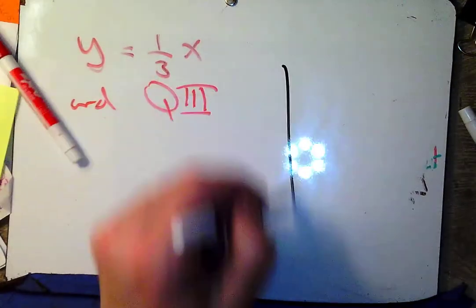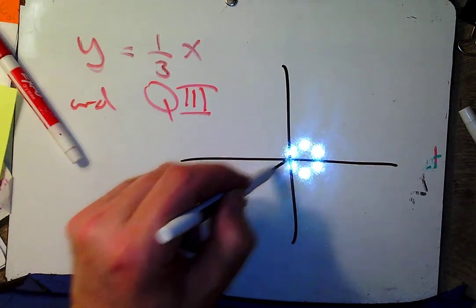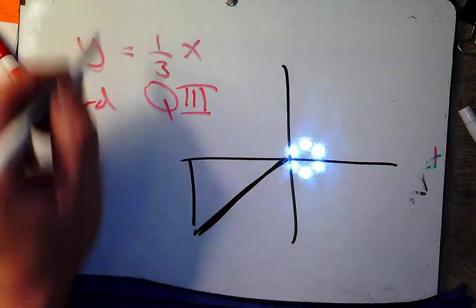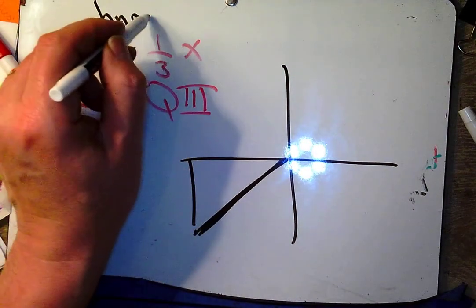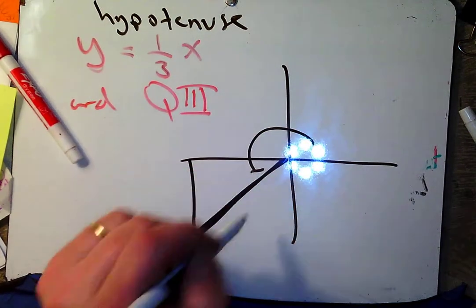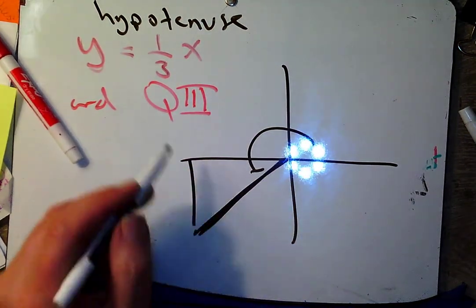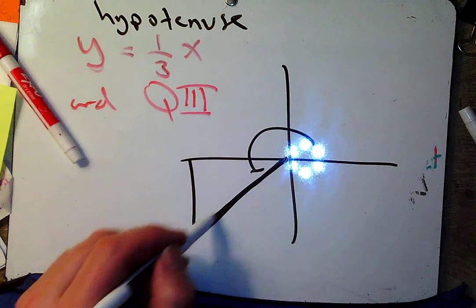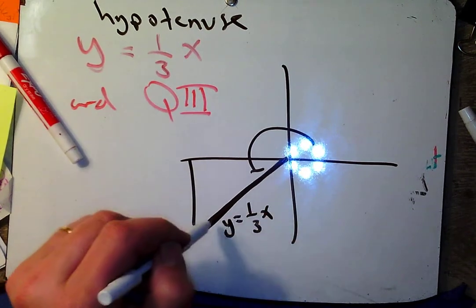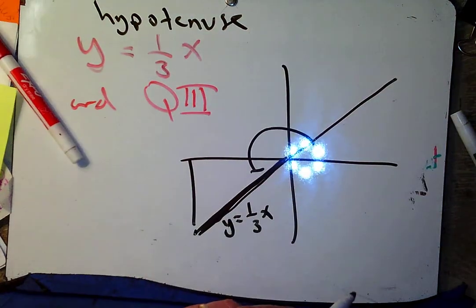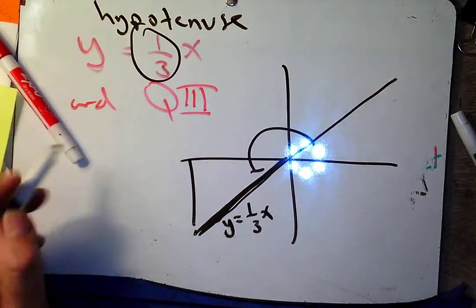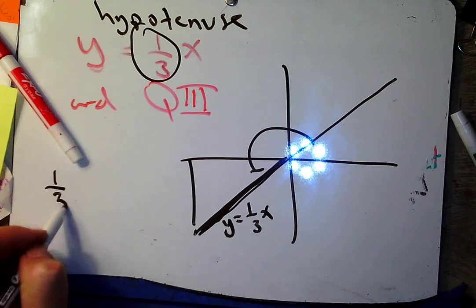They want us to draw a triangle in quadrant 3 where the hypotenuse, or just the terminal side of the angle, is on this line, y equals 1/3 x. And surely 1/3 x, no problem. Hey, isn't that the slope?